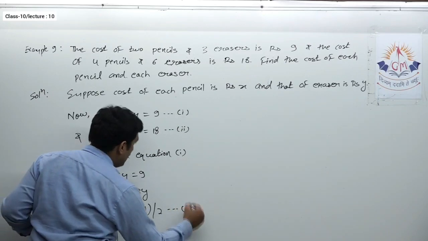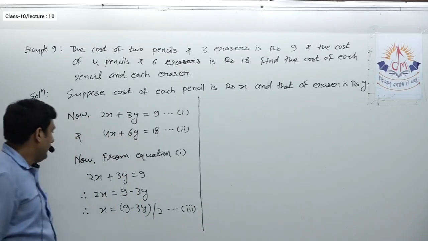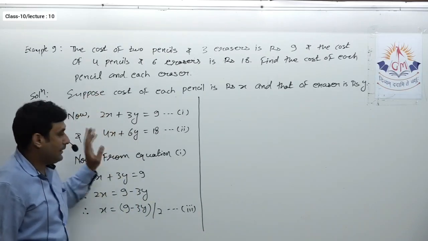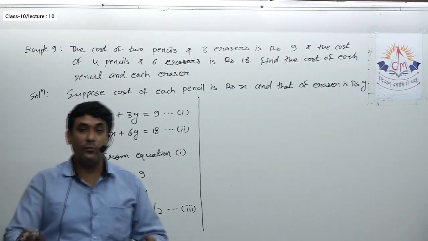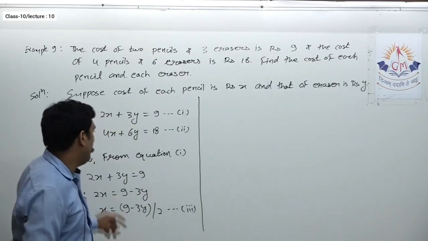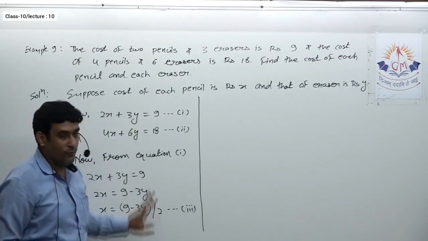This is my third equation. Okay, so I took equation 1 and I solved it for x. As I told you, in the substitution method you have to find the value of any one variable in terms of another variable. So here I obtain the value of x in terms of y.